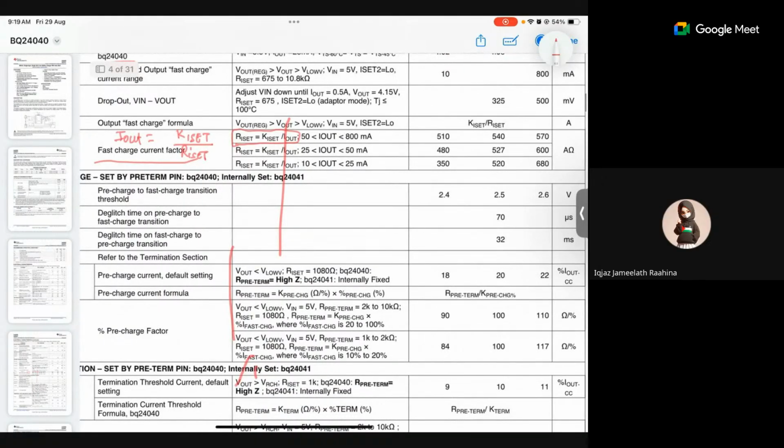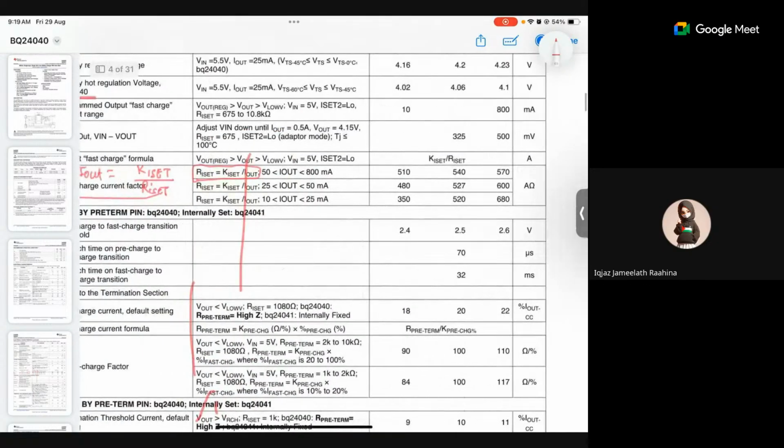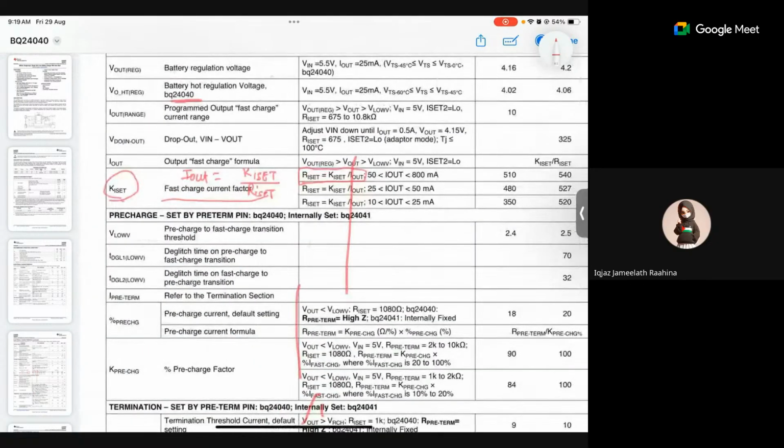Now you can check here. One more thing is the battery capacity is 700 mAh. So if we calculate, we are using this formula. What is the value of K I set?